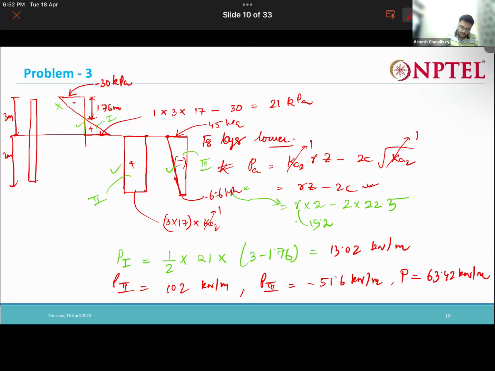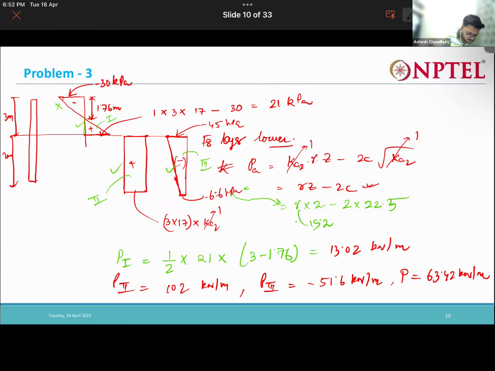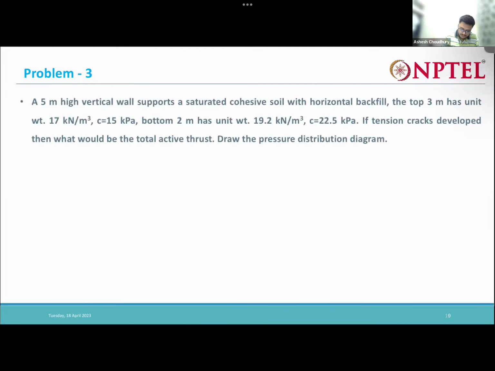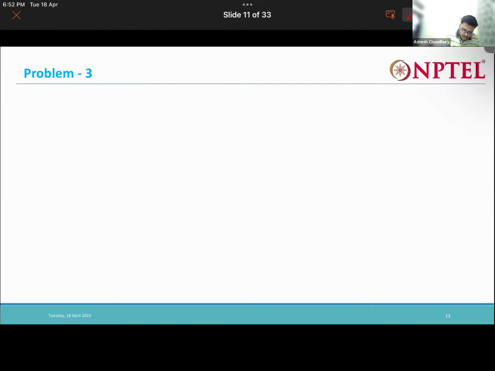Now can we find out the point of application? This Y. Can we find this Y? Same as before.